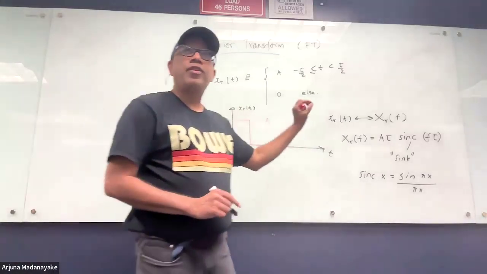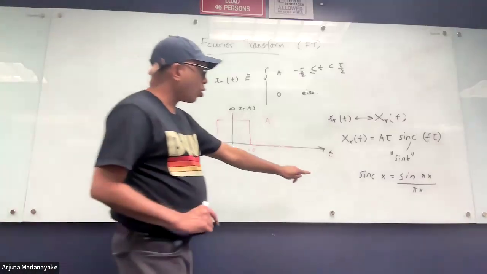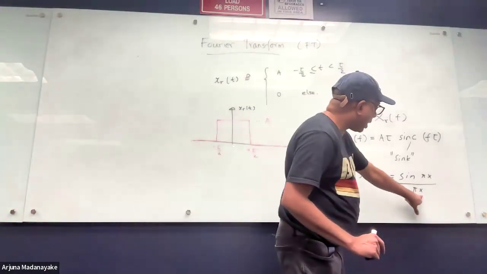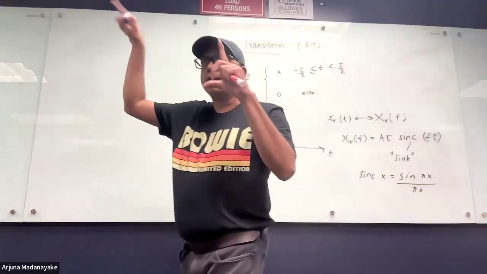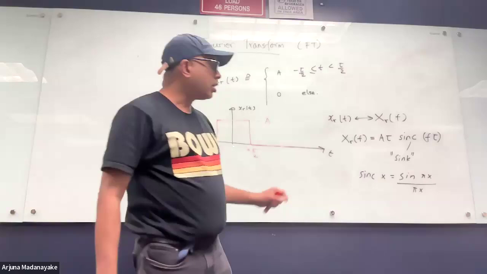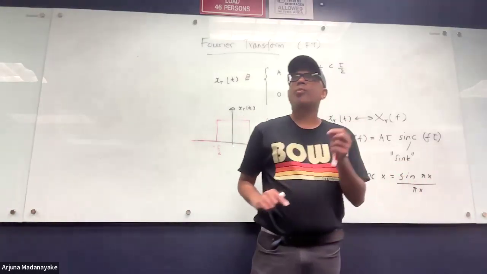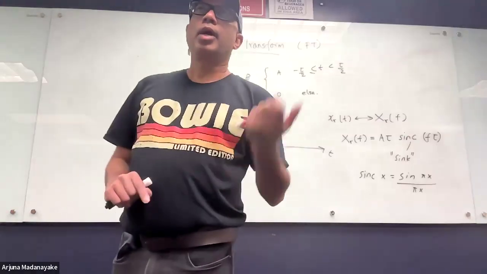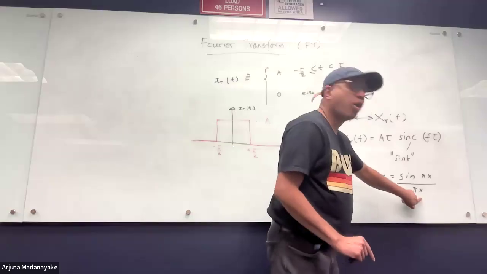So we need a little bit of limits in calculus to compute the limit as x goes to 0. You can see that sine of pi x is a sine function scaled by pi in the variable, right? So when x goes to 0, sine of pi x goes to 0 because sine of 0 is 0, right? But we have a denominator that has pi x.